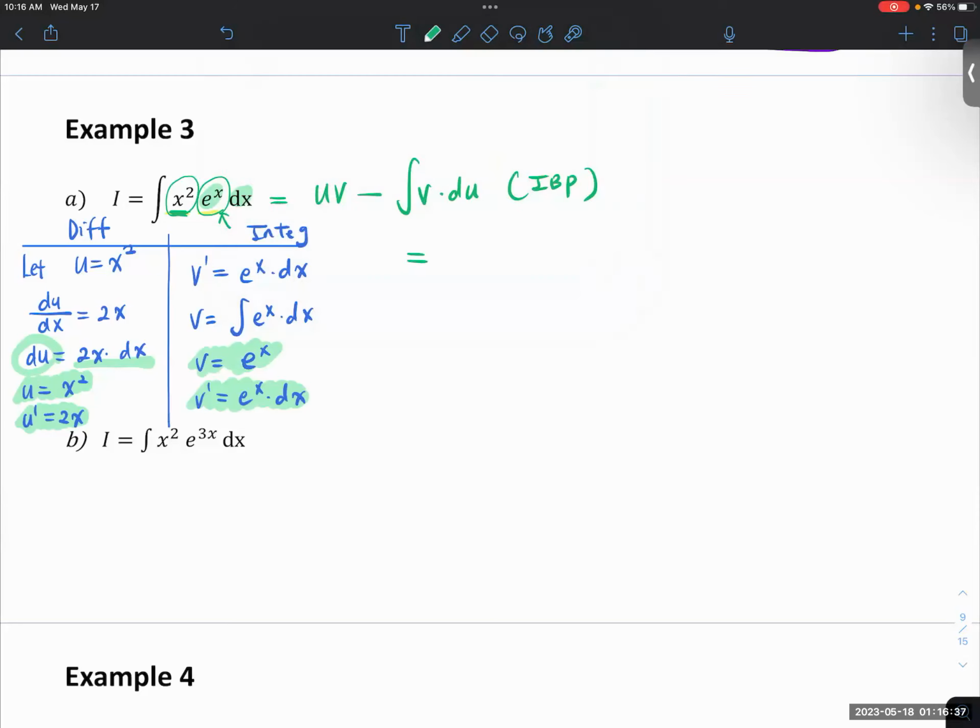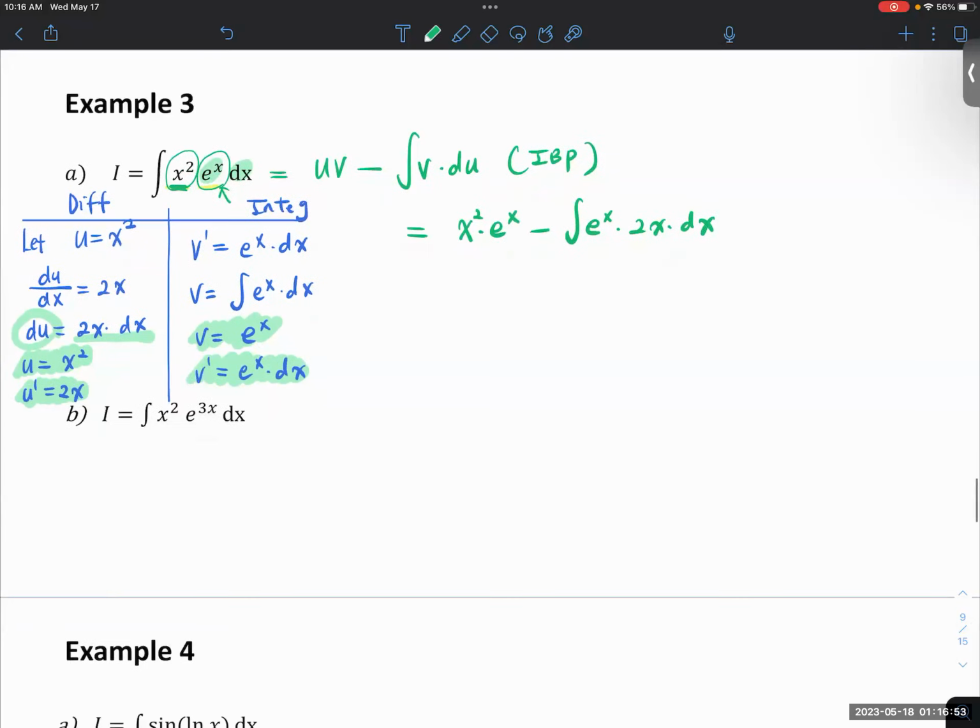So this one, u is what? x squared. v is e to the x, minus the integral. v is e to the x, du is 2x dx, correct? And then, whoa. I'm going to simplify: x squared e to the x, bring the number 2 to the front, so e to the x dx.